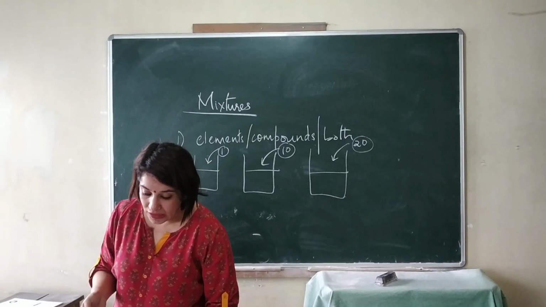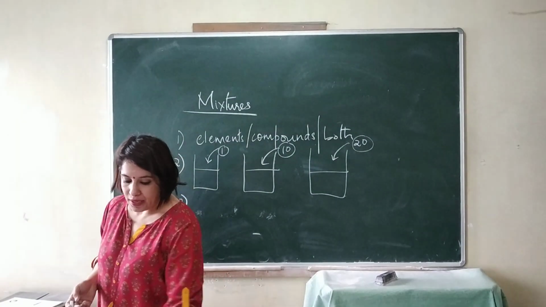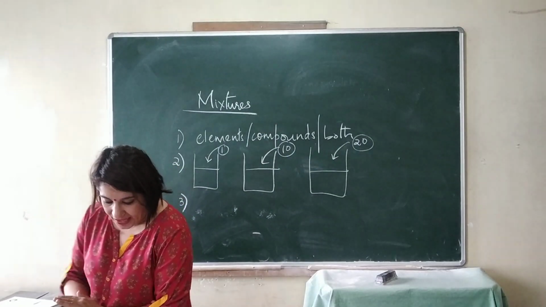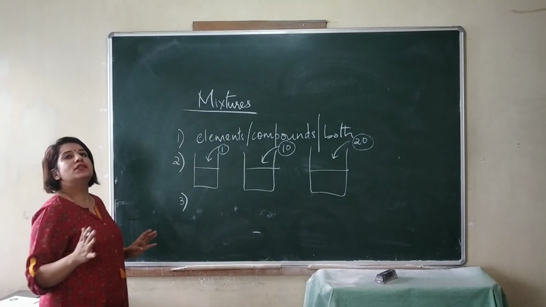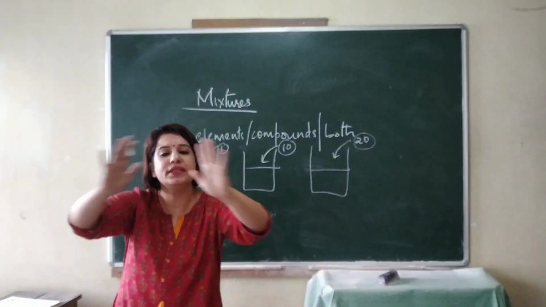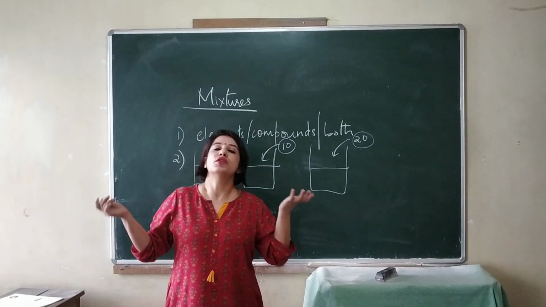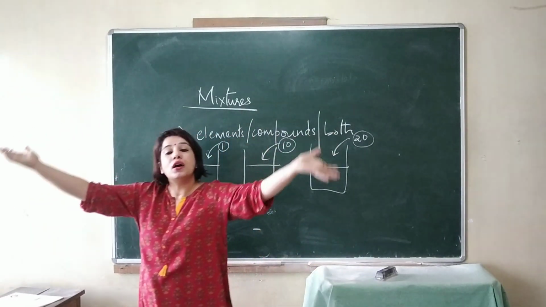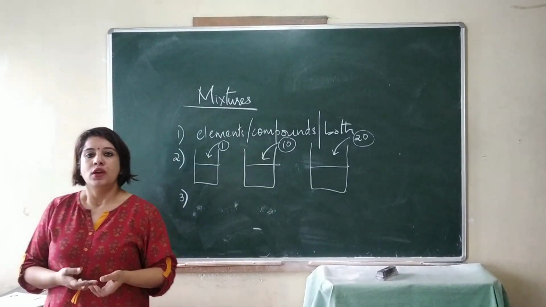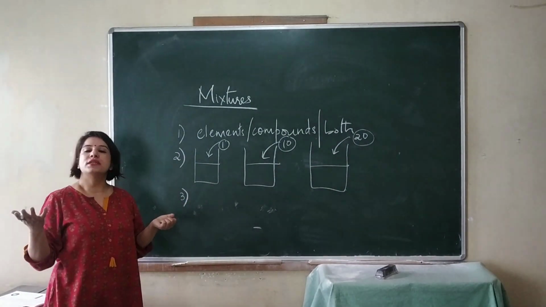Next, last time when we did compounds, I told you that a compound is homogeneous. That means it is the same throughout. A drop of water is also H2O. A glass of water is also H2O. A bucket of water also contains H2O.